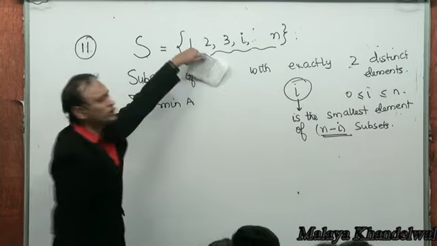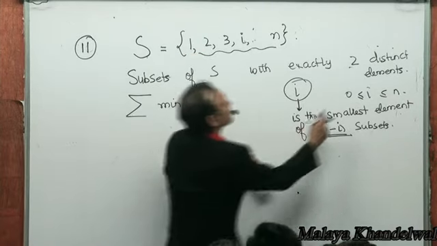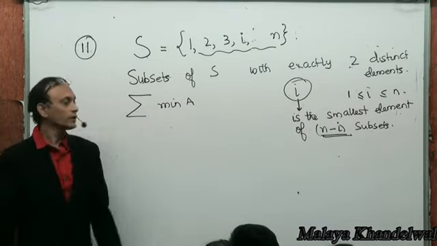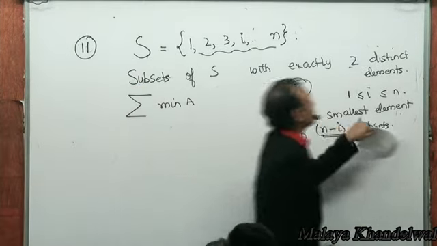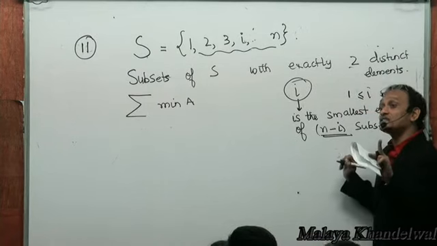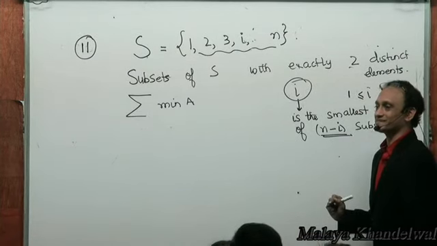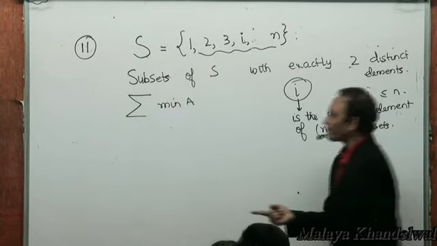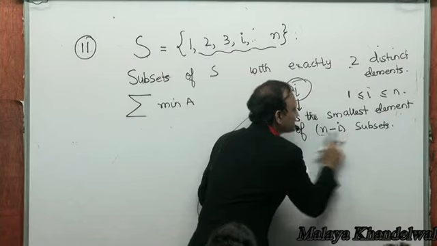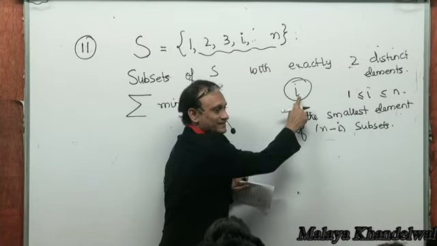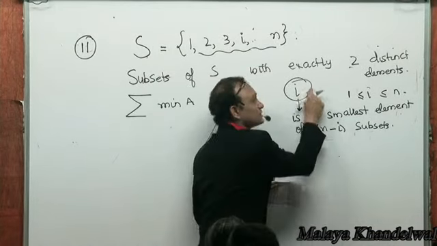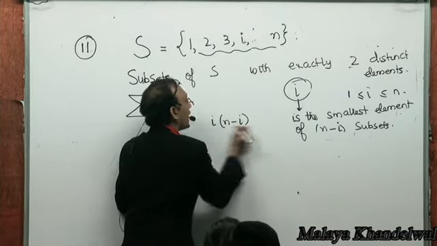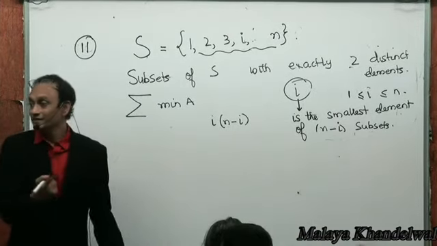Well, 0 is not included here, yeah. Okay, sorry. So in this case, i lies between 1 and n. Right? So, do you understand this? i is the smallest element of n minus i subsets. i can range from 1 to n. So in these n minus i subsets, if you add their minimum values, what do you get? i into n minus i, because i appears n minus i times.